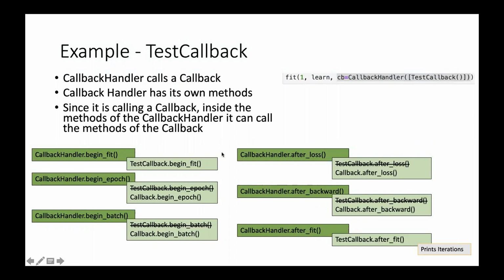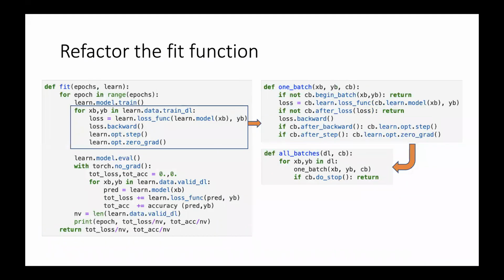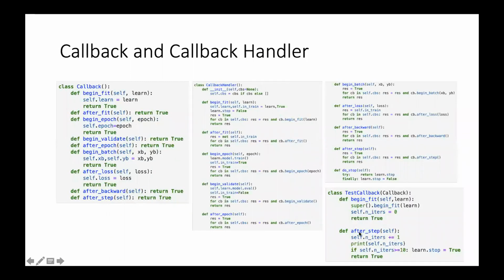Now, in all of these cases, there is nothing that is coming as an output for us to see tangibly. There are iterations which returns a Boolean value of true. There is fixation of values. But ultimately, what happens is only in this callback function called after fit, it prints the iterations. So if you come back here, it is only here in this after step method of test callback.